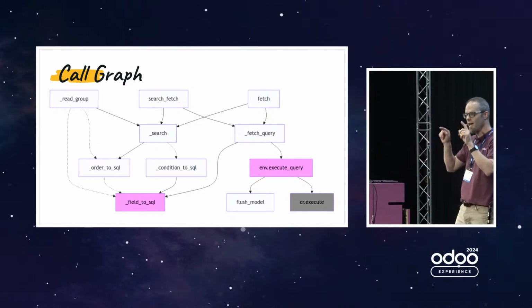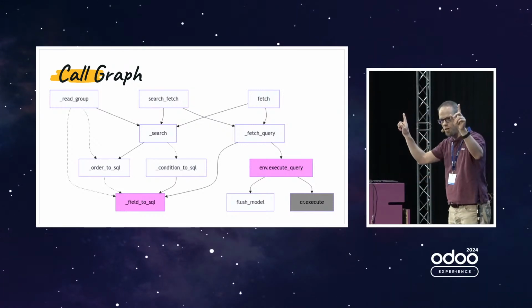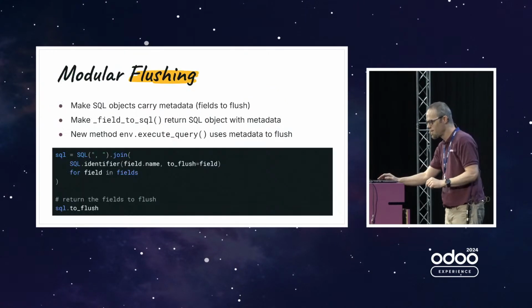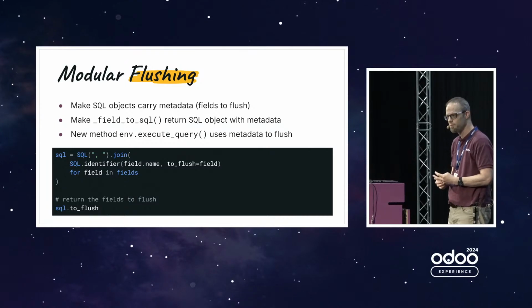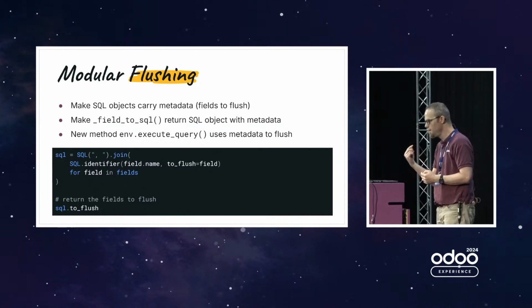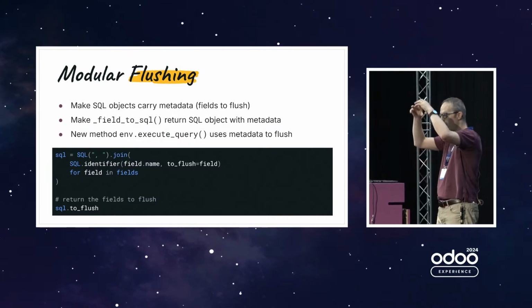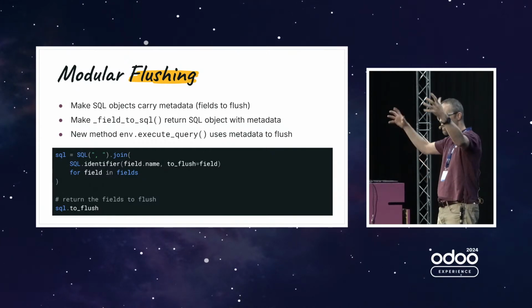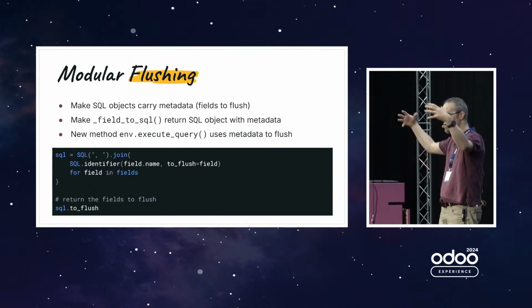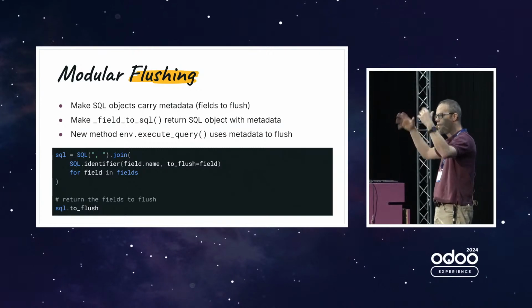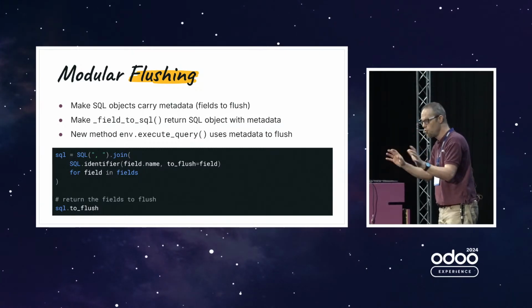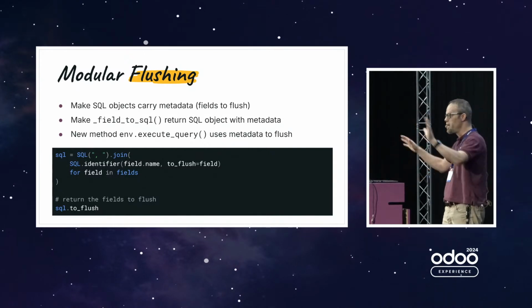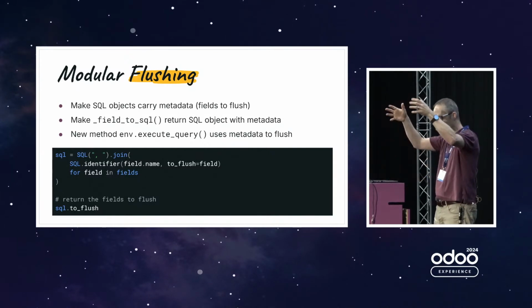And the way it provides the information is actually thanks to the SQL objects themselves. So the idea is, as we wrap every SQL together with parameters into an SQL object, we say, okay, that SQL object can have some metadata. And when you combine objects, all the metadata are collected together.